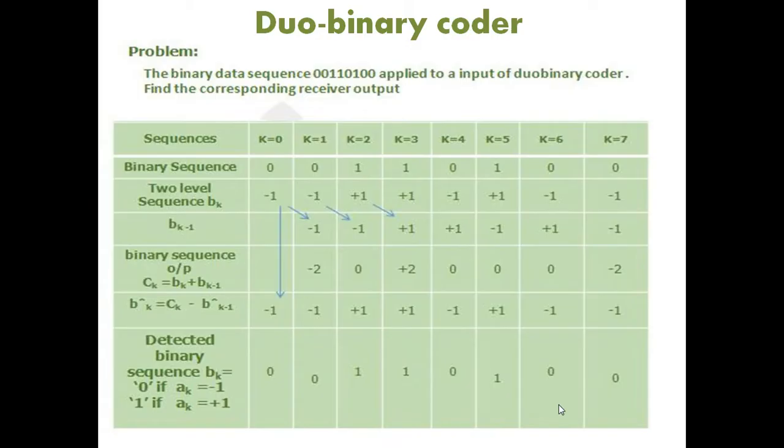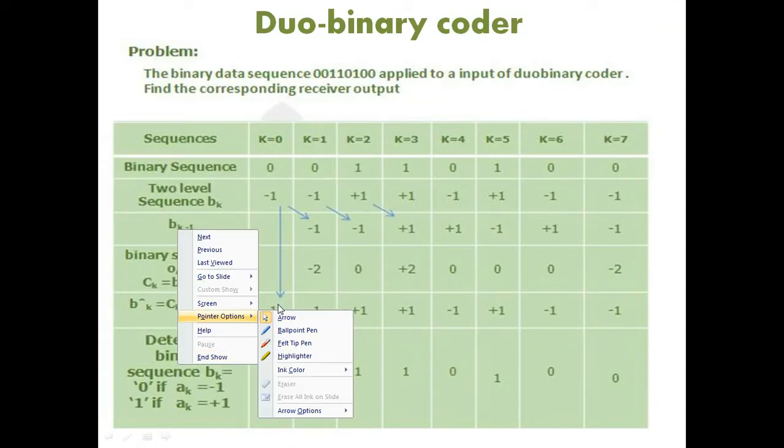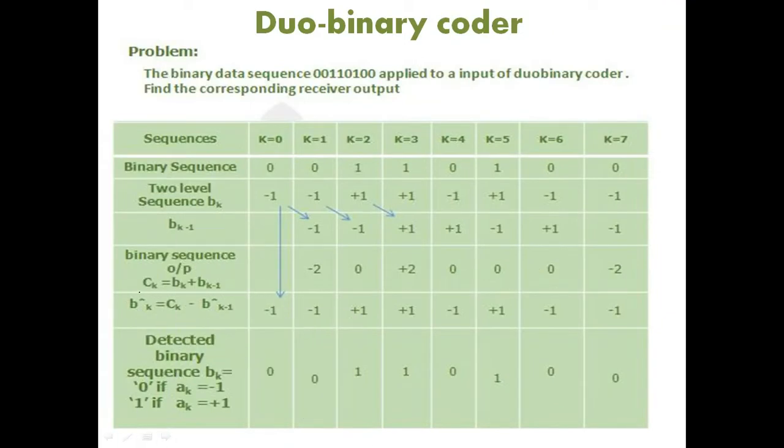Today, I am going to discuss the duobinary encoder, and how we check it with respect to particular data, a problem. In the previous video we discussed duobinary coding, nothing but correlative coding, where we saw these two equations. This is the equation where we implemented the transmitter: bk plus bk minus 1.